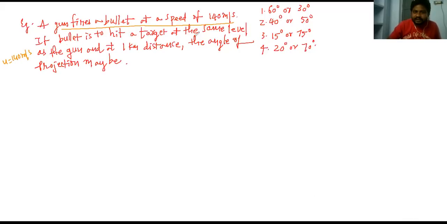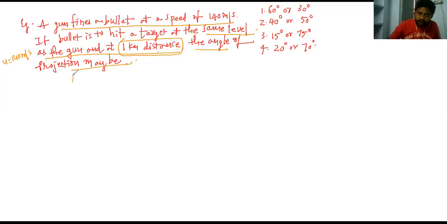If the bullet hits the target at the same level as the gun and at 1 kilometer distance, the angle of projection may be... The bullet is to hit a target at the same level, which means where the target is kept, there only the bullet hits. And at 1 kilometer distance, that means the maximum horizontal distance it has traveled.